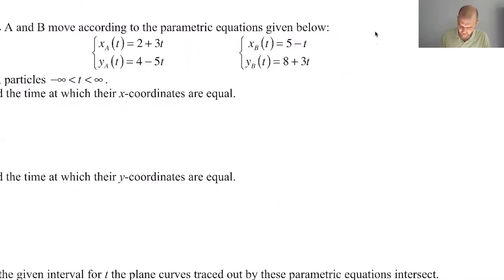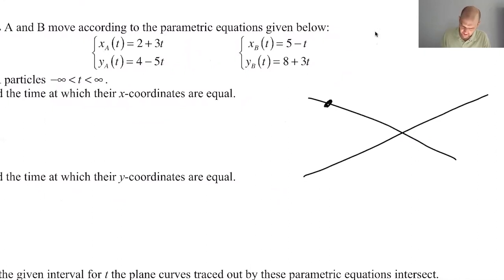But suppose you could have one line doing this and one line doing this, and their paths cross. There could be a time, we could find the time at which their x coordinates are equal, right? So their x's are equal. Let's say this happens at t equals 5. So at t equals 5, their x coordinates are equal, but their y coordinates aren't equal.